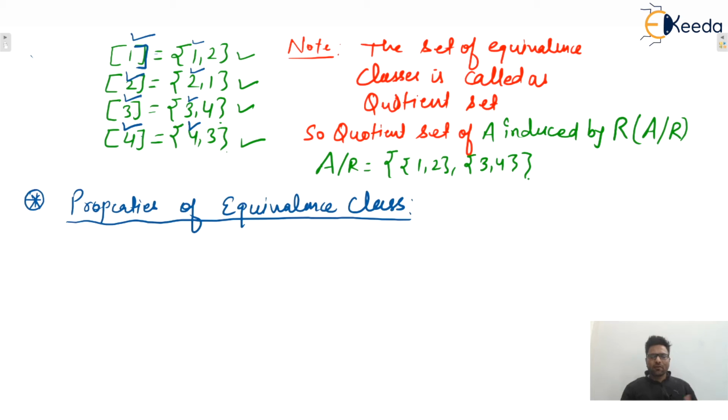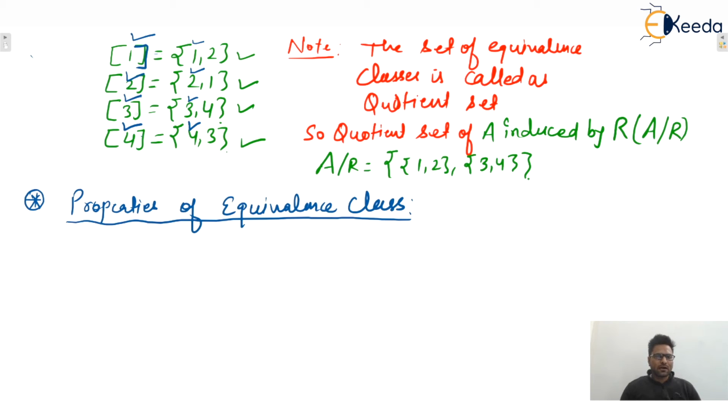Because these equivalence classes are defined for equivalence relations, and equivalence relations are reflexive, transitive as well as symmetric. Because of reflexivity, ordered pairs like (x, x), that means self loops, will be present.